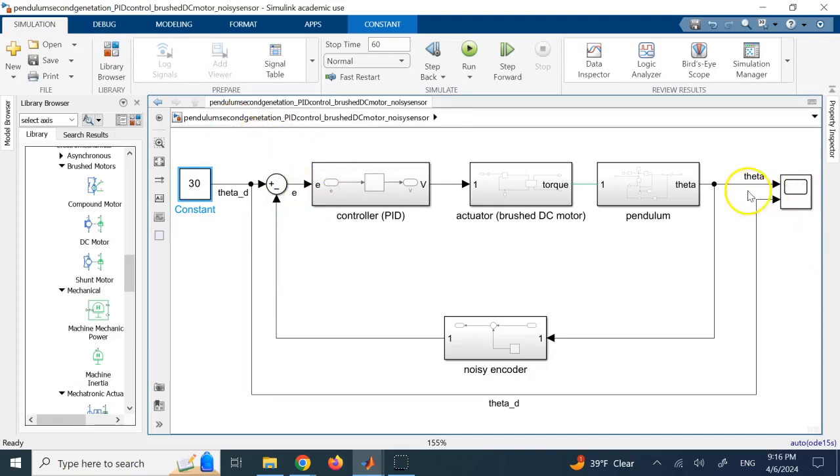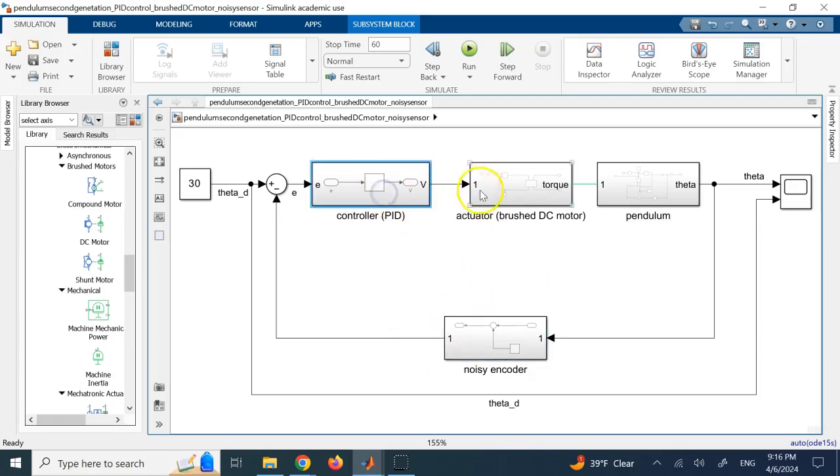So I compare the actual signal that I measure from the pendulum using an encoder against the desired to get the error, send that error to a PID control, which gives me a voltage, then apply that voltage to a brush DC motor to give me the torque, and then apply that torque on the pendulum. So here I have added a bunch of extra things for you.